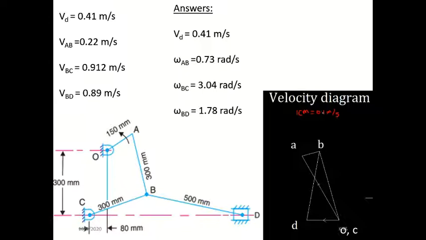So whenever you measure a distance from this diagram, you have to multiply that distance with 0.1, because that is the scale. For example, for OB you also multiply with 0.1.